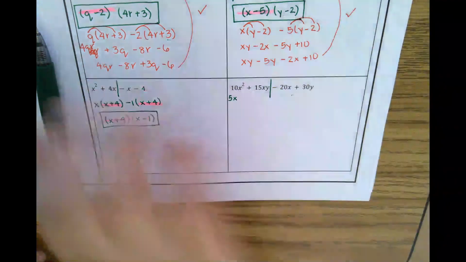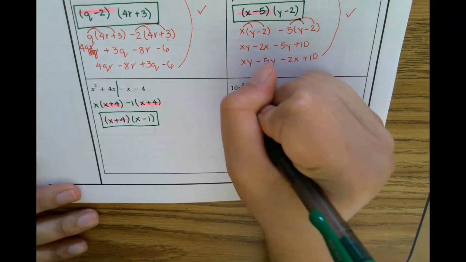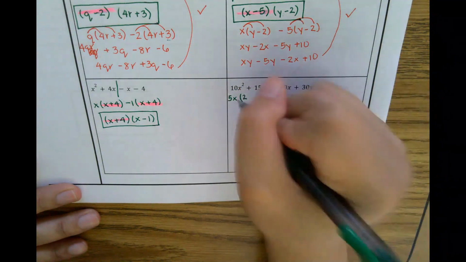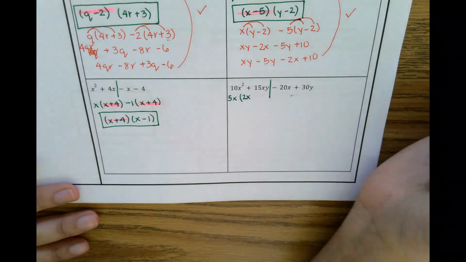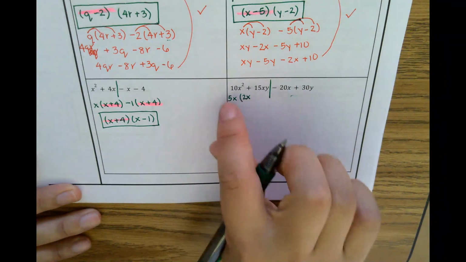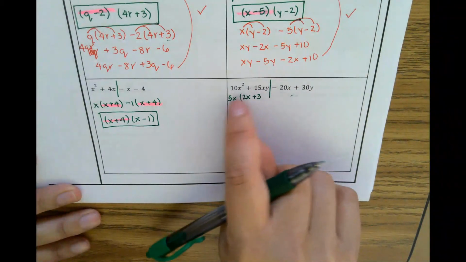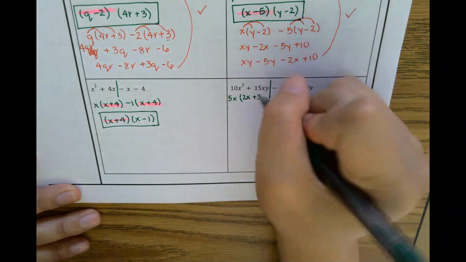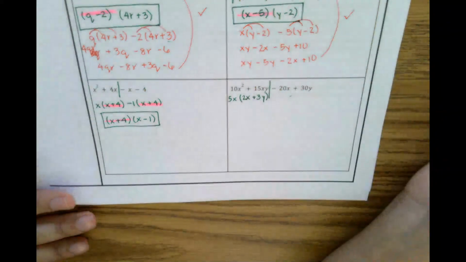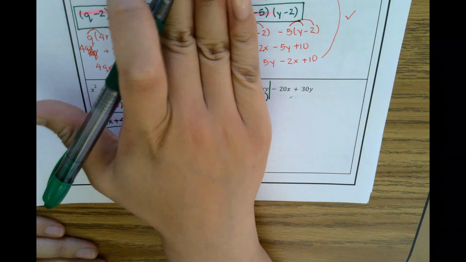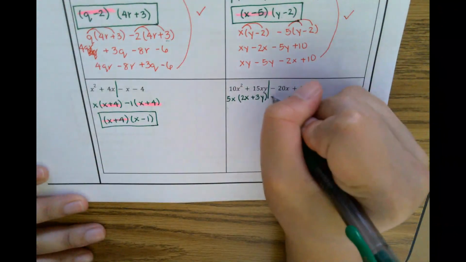Then what do they have left over? 10 divided by 5 is 2. If it was x squared and I pulled out x to the first, I'm now left with an x to the first. 15 divided by 5 is 3, so positive 3. x to the first got pulled out, I'm left with a y here. Then looking at the second half, negative 20 and 30, I can pull out a negative 10.